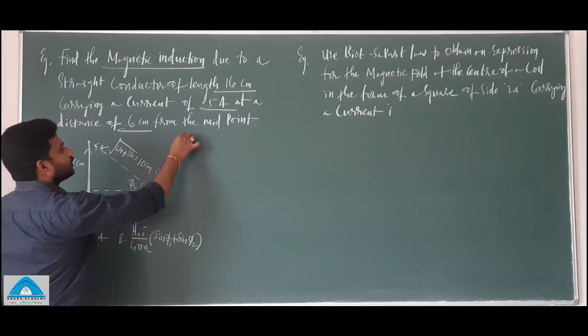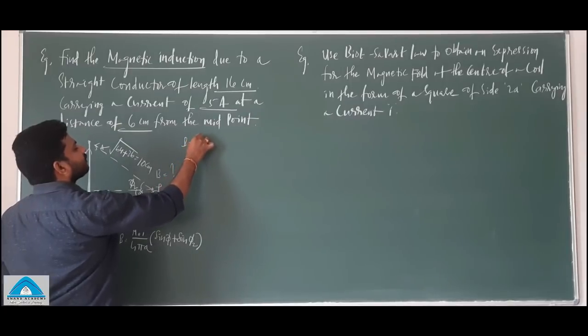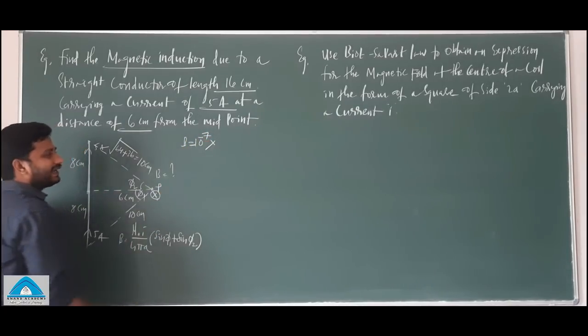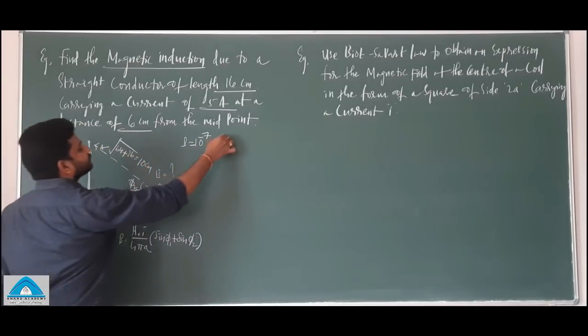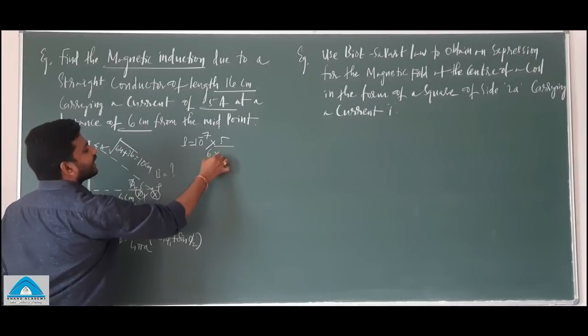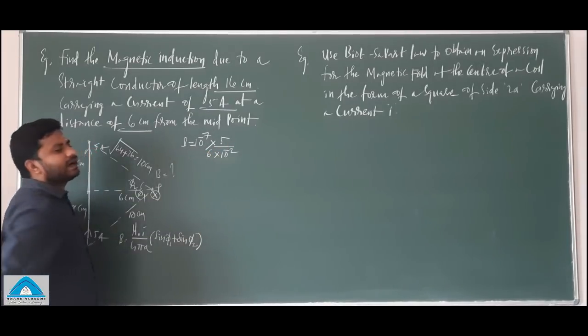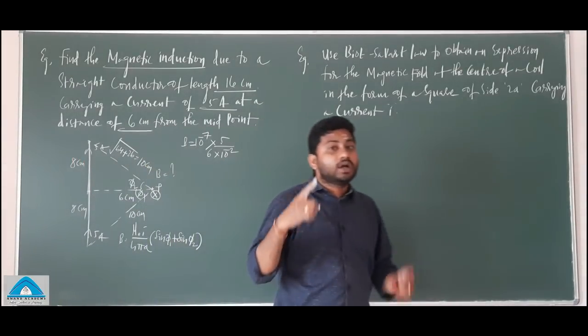Okay, that's fine now. So B is equal to mu naught by 4 pi, 10 raised to minus 7, into I by A. What is I? 5. What is A? 6 centimeters, so I can write 6 into 10 raised to minus 2. Why are we converting the centimeter into meter here?